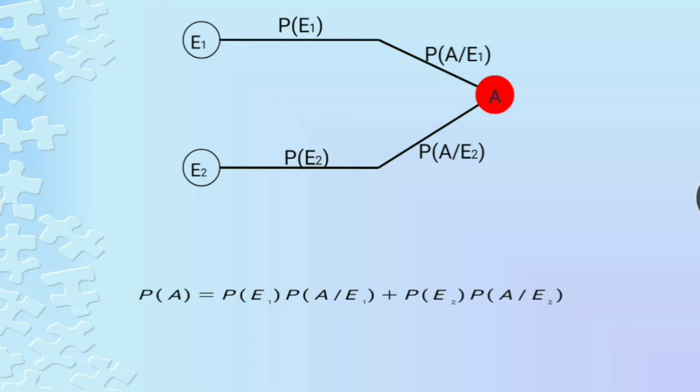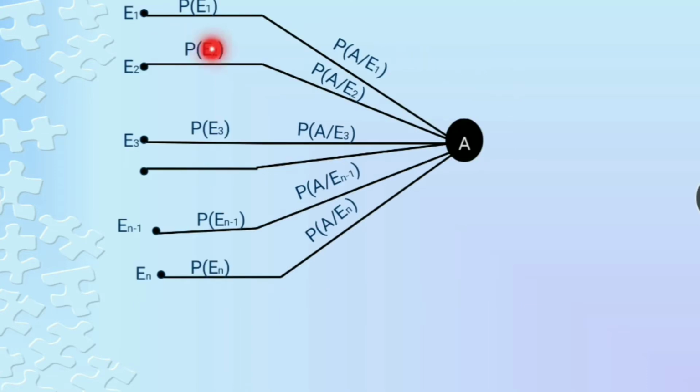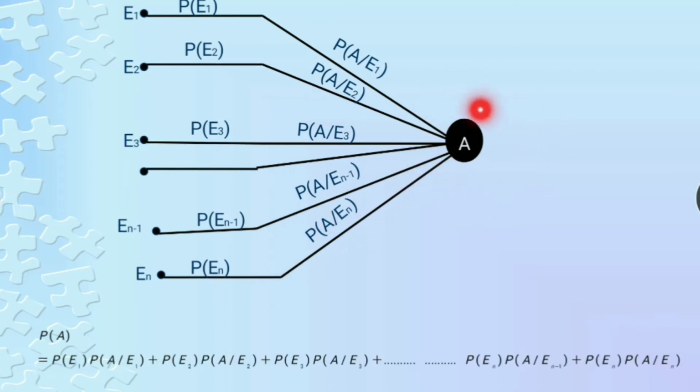So if we have n events, E1, E2, E3, and so on up to En, and event A occurs after the happening of these E1, E2, En events, then this formula is for the total law of probability for n events.